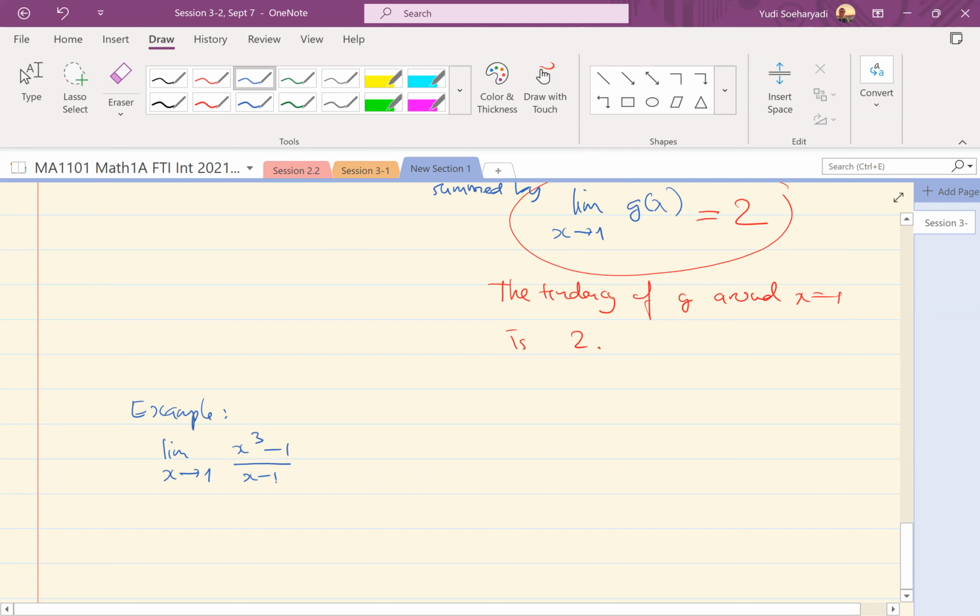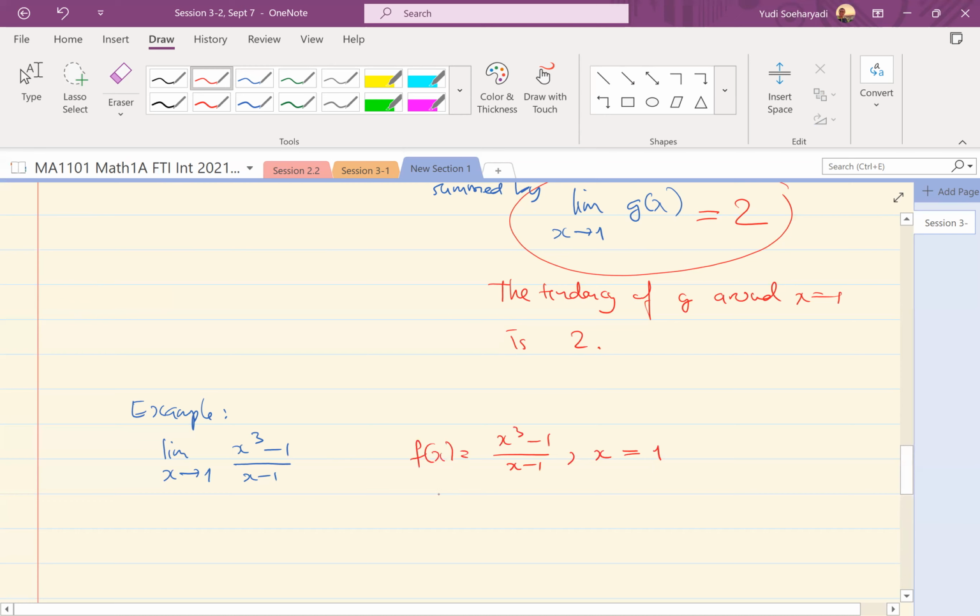Okay, so these notations are actually asking, if you have the function, for sure it is not defined at 1.